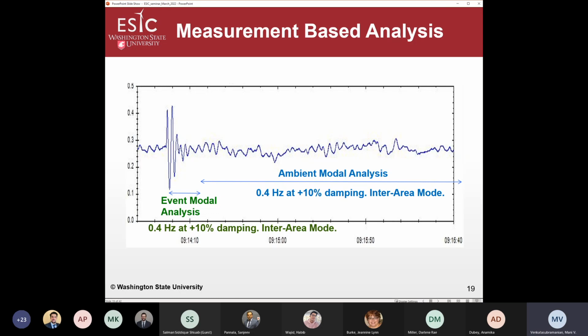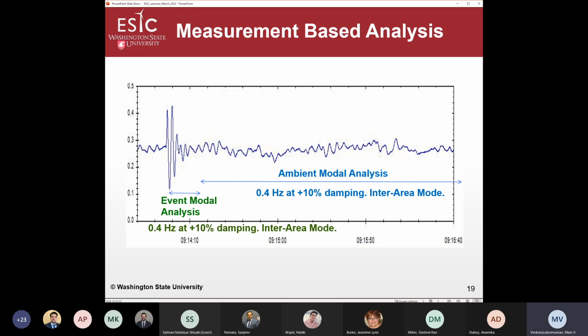One, we can think of the system response during normal operating conditions as the system is getting perturbed by small load fluctuations, which tend to be like white noise. So we can think of the system response as a stochastic response from the white noise input at the load buses and at the renewable generation. And then the response can be analyzed using linear signal theory, and we call this ambient modal analysis.